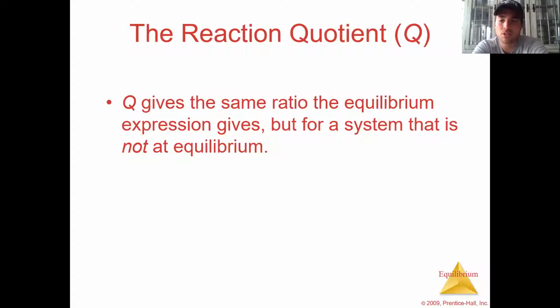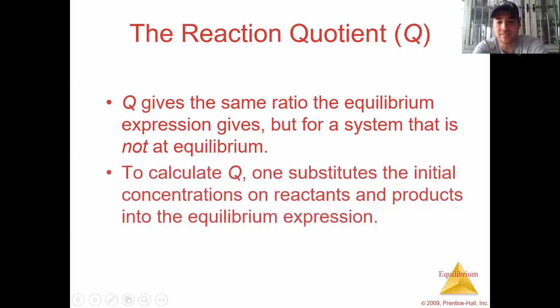So reaction quotient is Q. It's written the same way as your equilibrium constant K, except we're not plugging in equilibrium values. So Q and K are going to be written the same way.